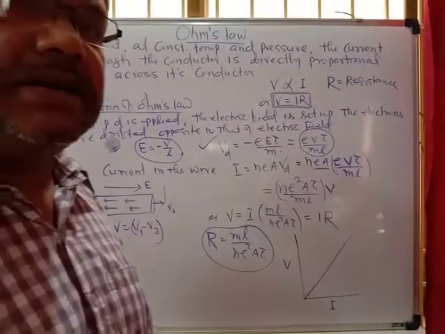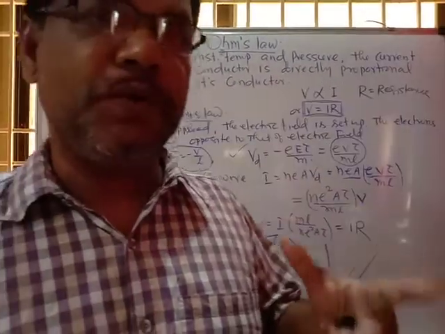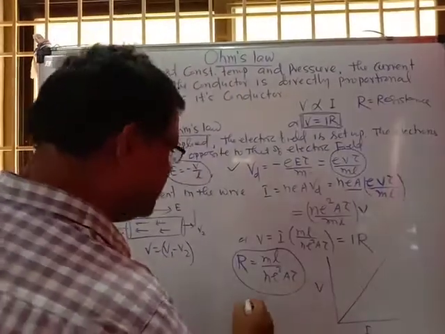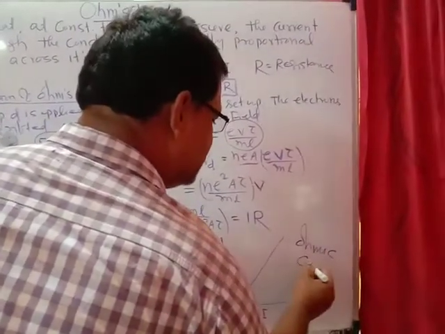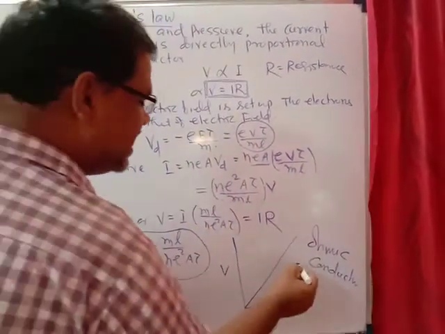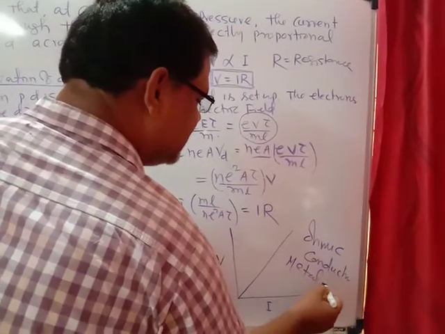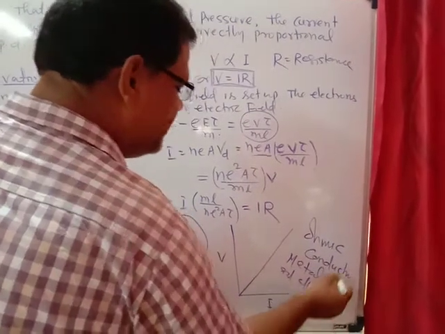An ohmic conductor means the metal or material which follows Ohm's law. Metals and alloys come into the ohmic conductor category.